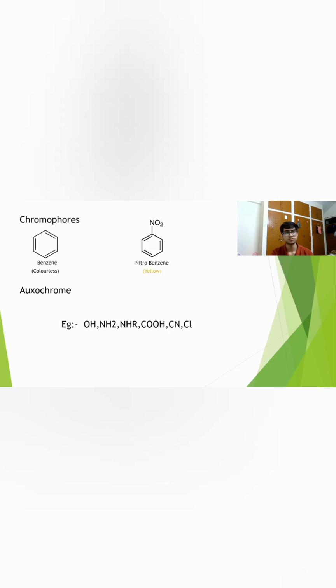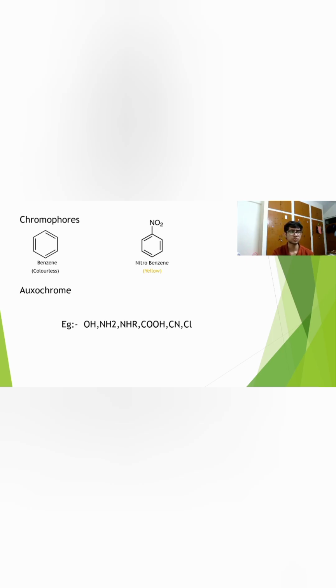If we talk about an example of chromophores, here in the slide we can see benzene. Normal benzene is colorless, but when a nitro group is attached to benzene, it becomes yellow in color. So what happened here? We can say that the nitro group is a chromophore, which imparts yellow color to the benzene. Chromophores are further divided into two categories: containing pi electrons, and containing pi and n electrons.